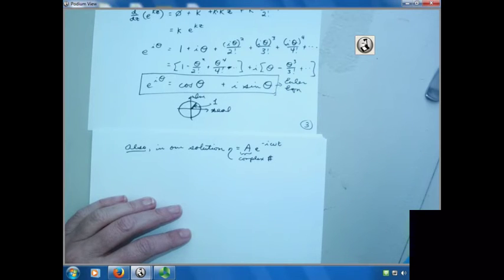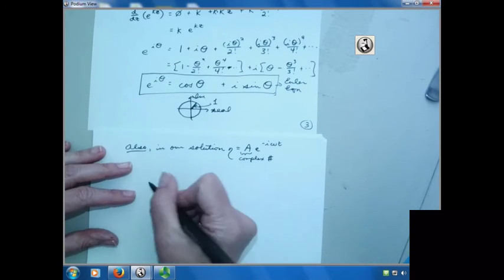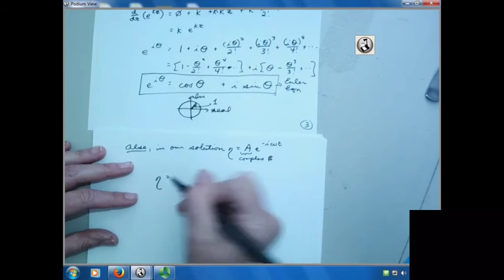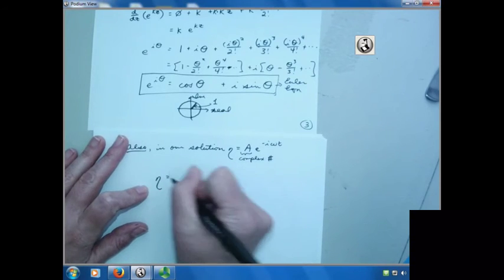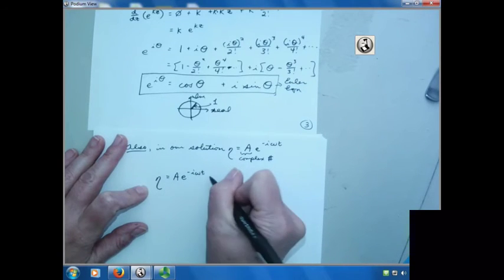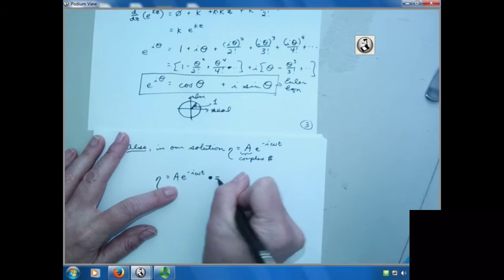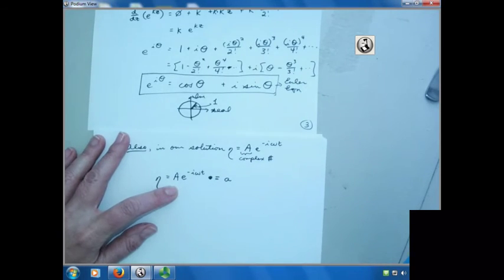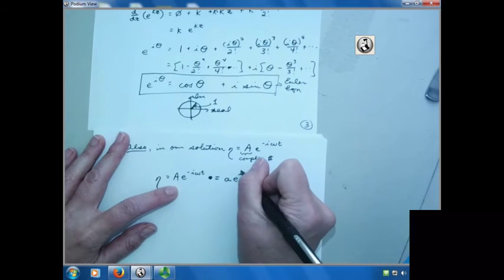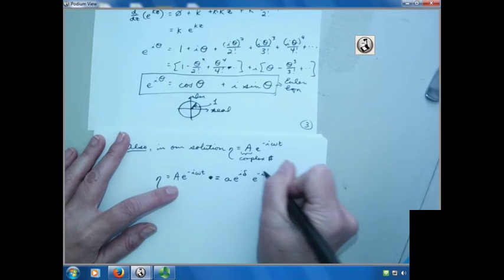So let's go ahead and note that what that means is that I can write eta as, clearly, not skip a line. I can rewrite a as having some magnitude a, and then e to the i times some constant, which I'll call delta, lowercase delta, e to the minus i omega t.